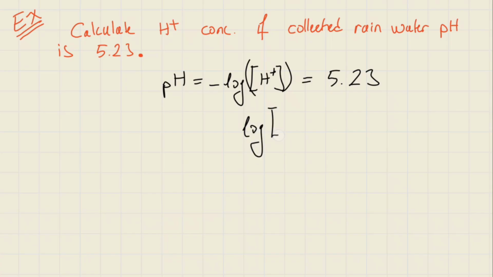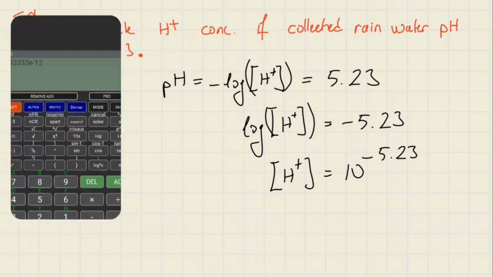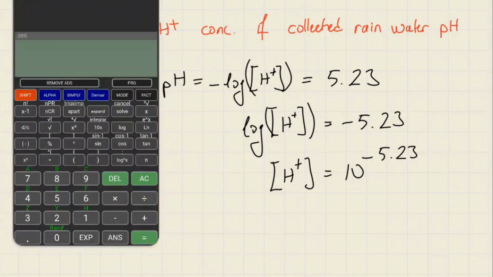So log hydrogen plus concentration will be equal to minus 5.23, and hydrogen plus concentration will be 10 to the minus 5.23, and I can calculate this value. And it is equal to 5.89 times 10 to the minus 6 molar.